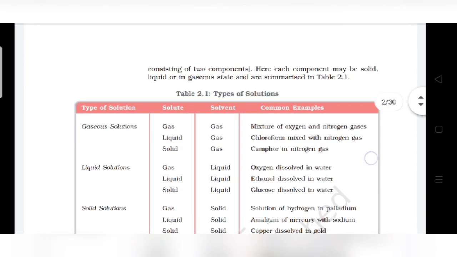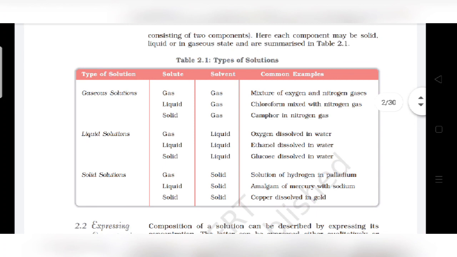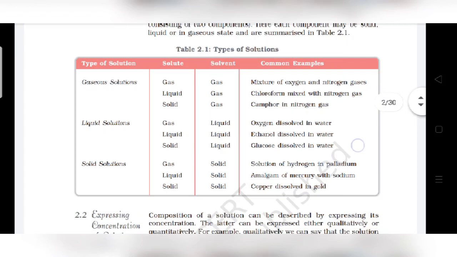Now look at Table 2.1 given in your textbook that shows types of solutions. First we'll discuss gaseous solutions. Solute and solvent are required to prepare any solution.